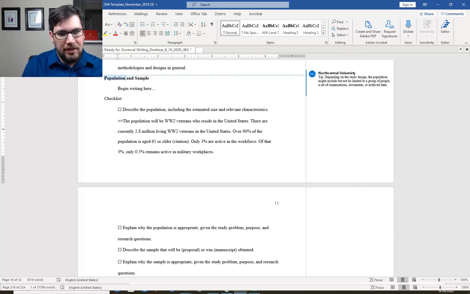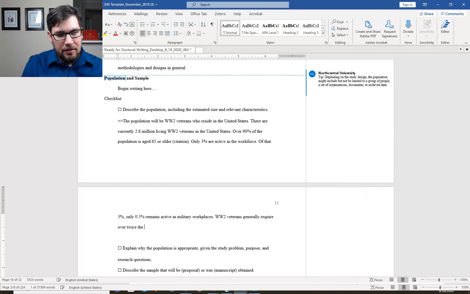And so depending on your study, if it was a study about healthcare, these veterans generally require over twice the amount of doctor's visits as non-military citizens.